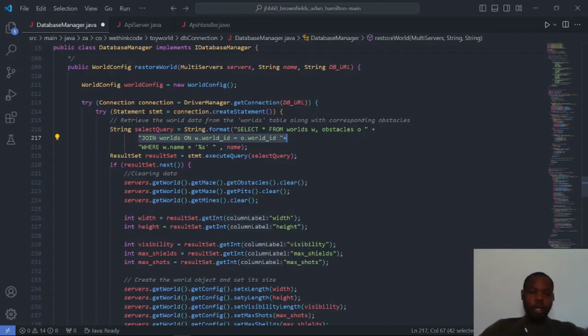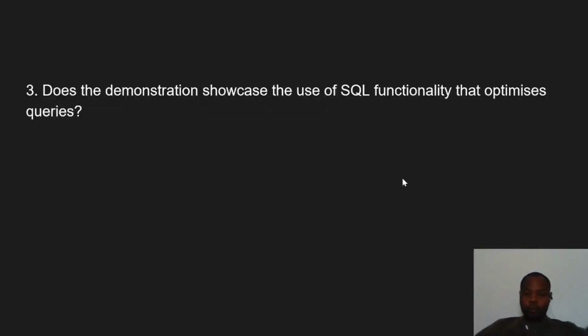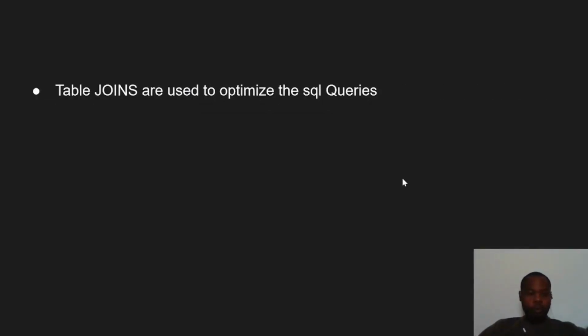For instance, this one joins the worlds tables with the obstacles tables, where the world ID and the obstacle world ID foreign key meet. Then that puts together both of those tables to give me one set of table with information about what the obstacles are. So table joins being used for optimizing SQL queries.